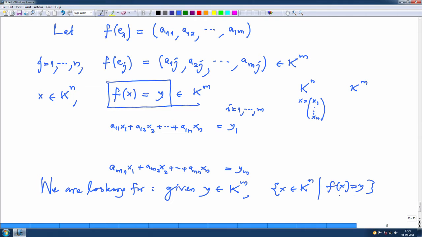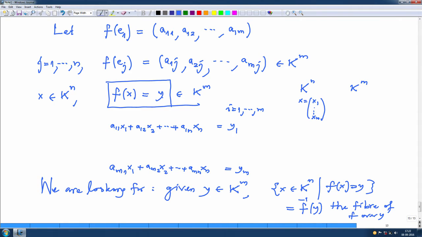This is nothing but f inverse of y, the fiber of f over y. And the system being consistent is equivalent to saying the fiber being non-empty. Whenever the fiber is non-empty, there will be some x in it, and that x will be a solution of that system.